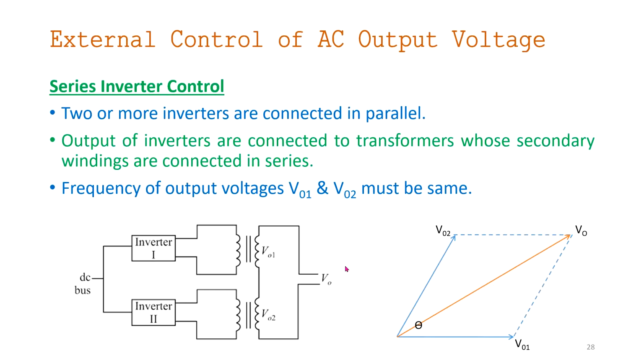For example, if some industry is generating its own power from something like a gas turbine, and it is coupling with the motor, then the frequency of the two voltages should be the same, otherwise it cannot couple with each other on the same system. Similarly here, if you want to add them up, the frequency should be the same.